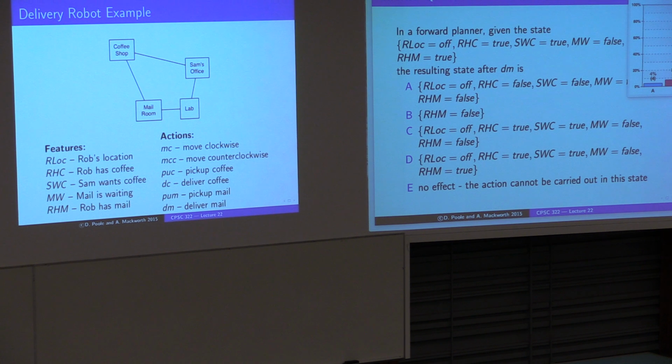The only thing that deliver mail does is make robot has mail false. So it should be exactly the same as before, except robot has mail is false. And so that one is C. Does that make sense? You just told us before what the effect did.